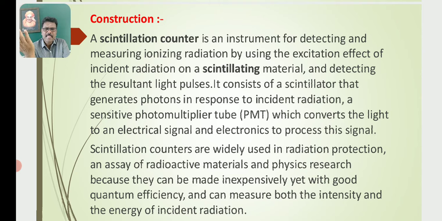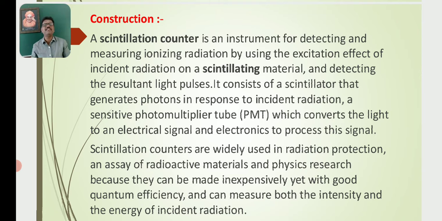So when ionizing radiations are made to be incident on a scintillating material, the scintillator generates photons in response to incident radiation.